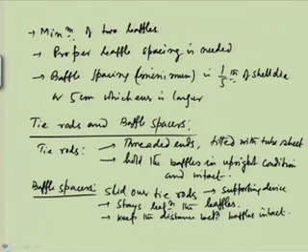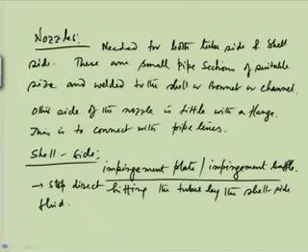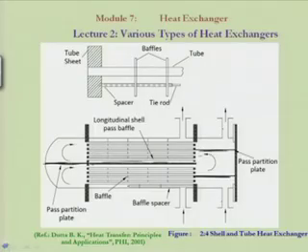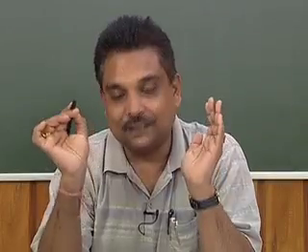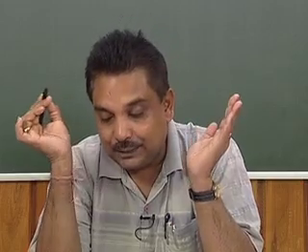So, if we just have a look here, we can say that this is the tie rod, and these portions are the spacers. These spacers allow us to maintain the right distance between the baffles.